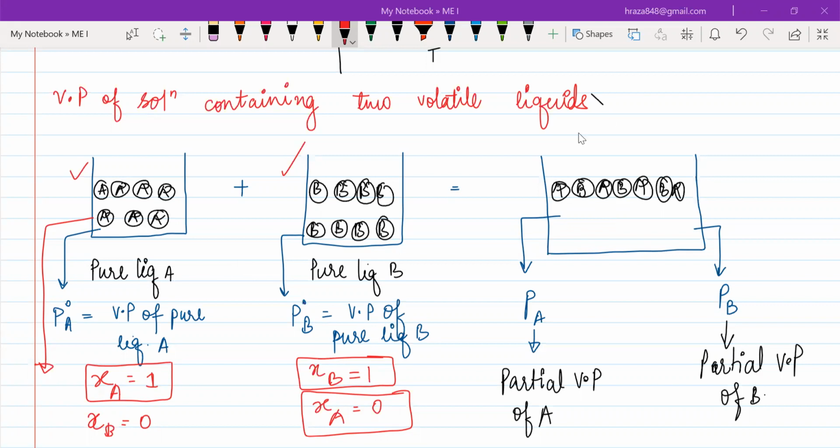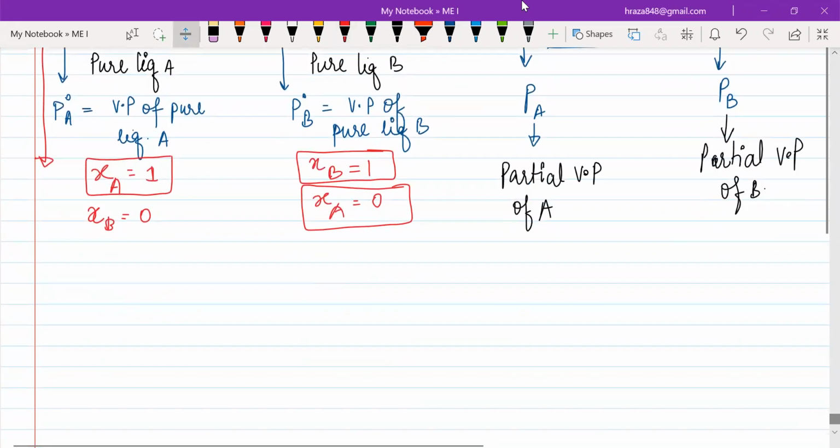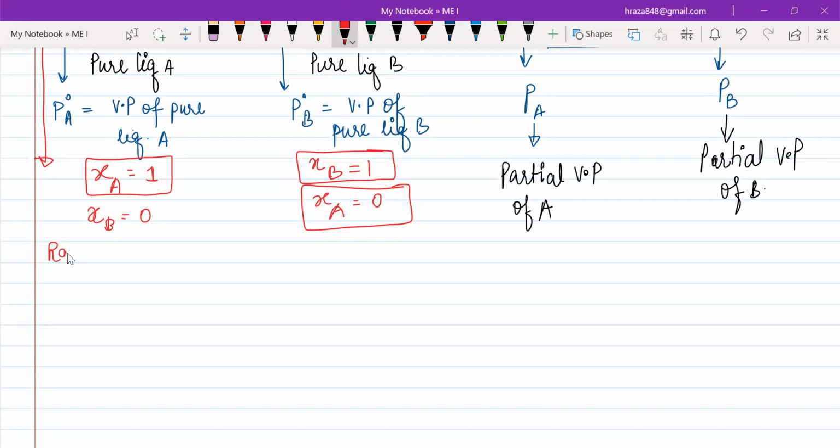Okay. Now, for this concept, I'm going to introduce Raoult's law. So write with me Raoult's law.